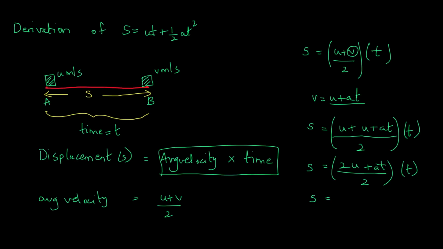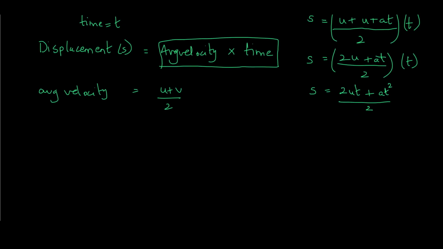Therefore, if we multiply t, we get s = (2ut + at square) by 2.